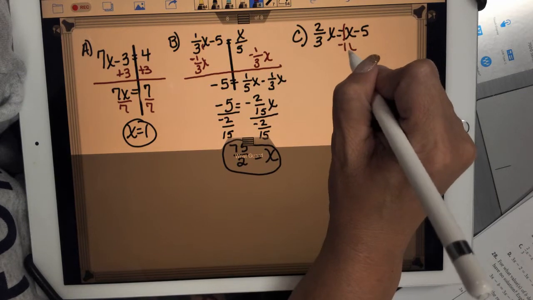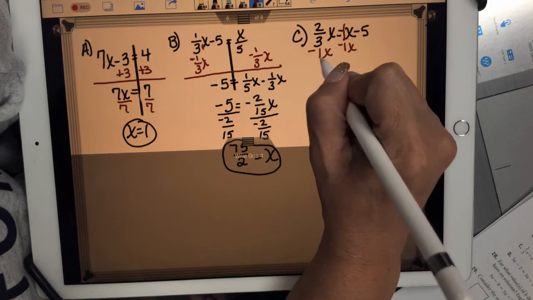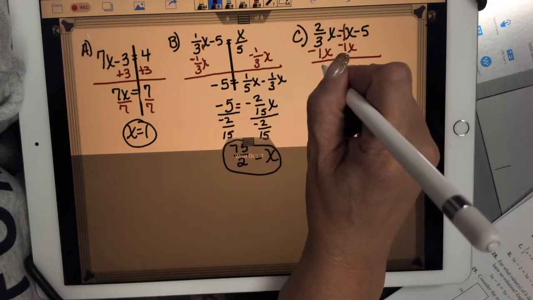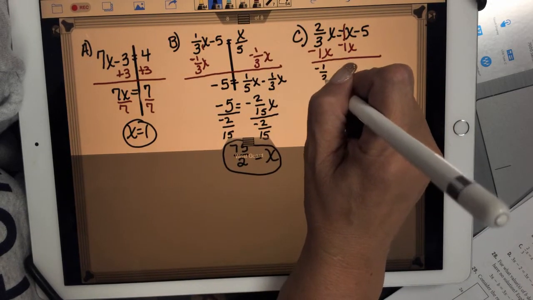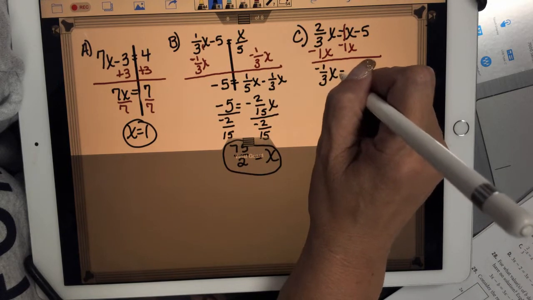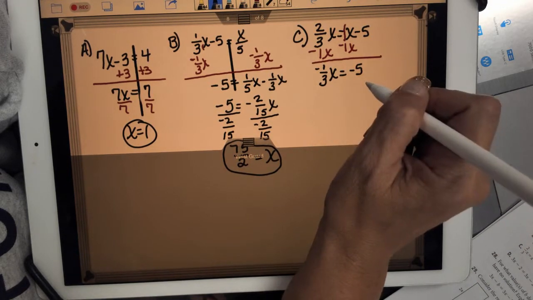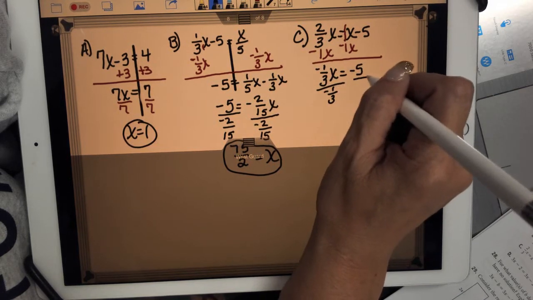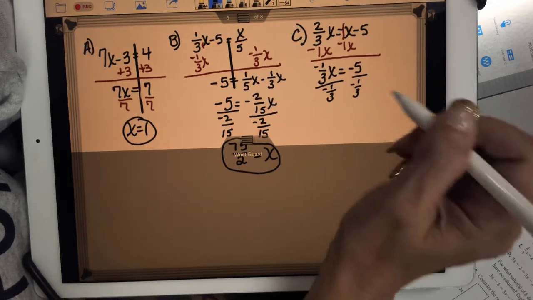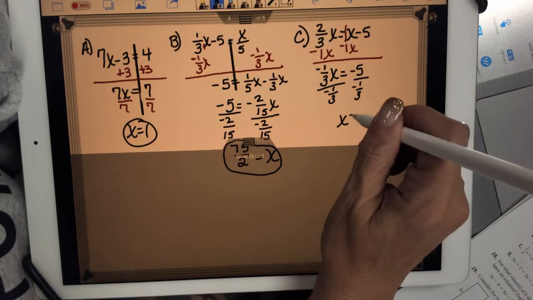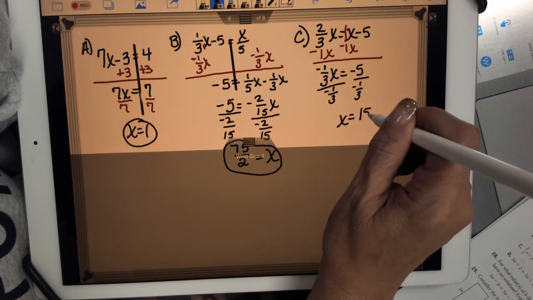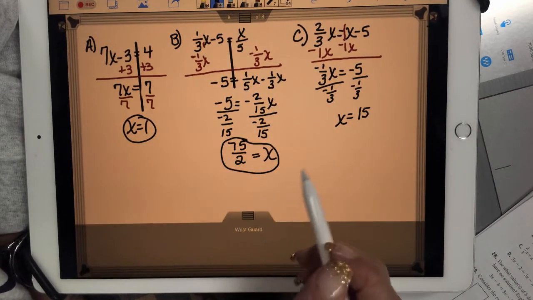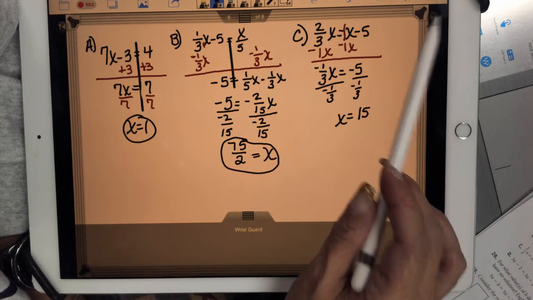Let's subtract 1x. 2/3 minus 1 is going to be negative 1/3 x equals negative 5. I'm going to divide both sides by negative 1/3. And my x is going to equal, I'm just going to tell y'all, positive 15. Okay, we're getting there. We're close. It didn't work for any of those.